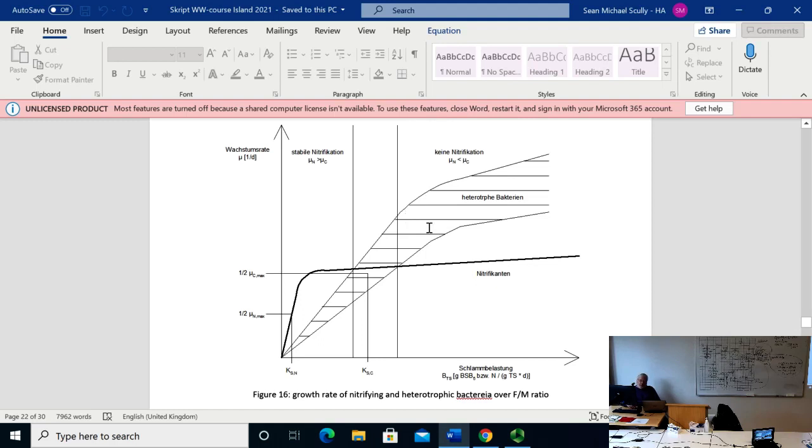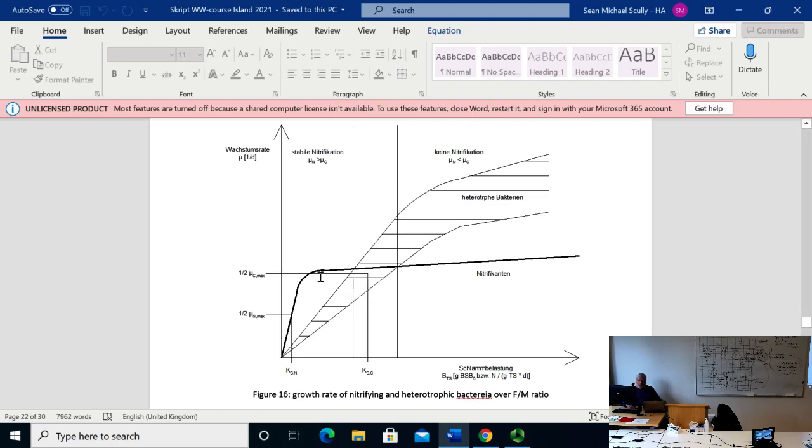This is why it doesn't work the same way. If you say that if the nitrifiers are reduced, the heterotrophs will double and their F to M ratio will halve, but that's not the case because they always get the same food. So they will not really reduce.